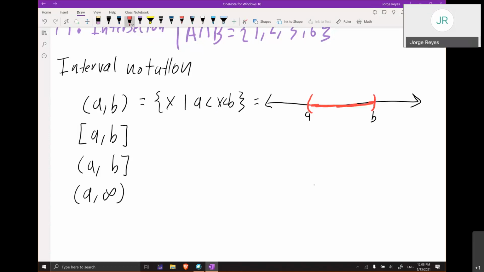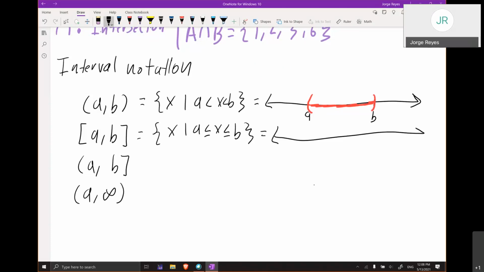But this does not include A and B, like 3 is not less than 3. When you have brackets, that means you have less than or equal to here.